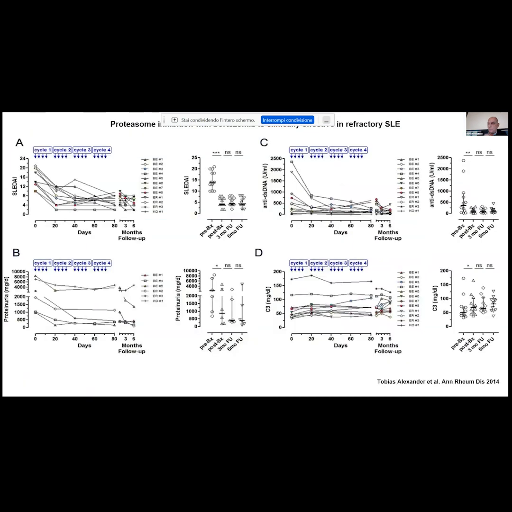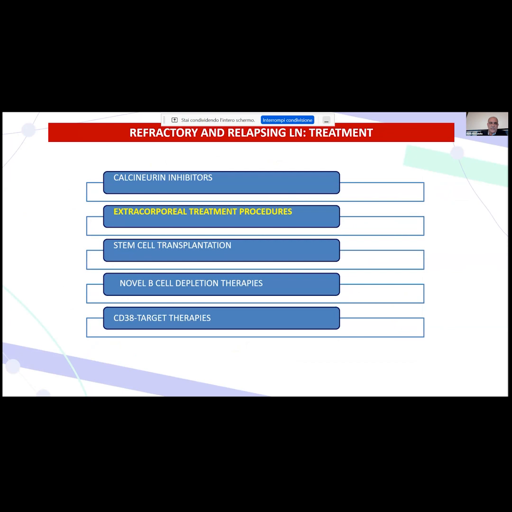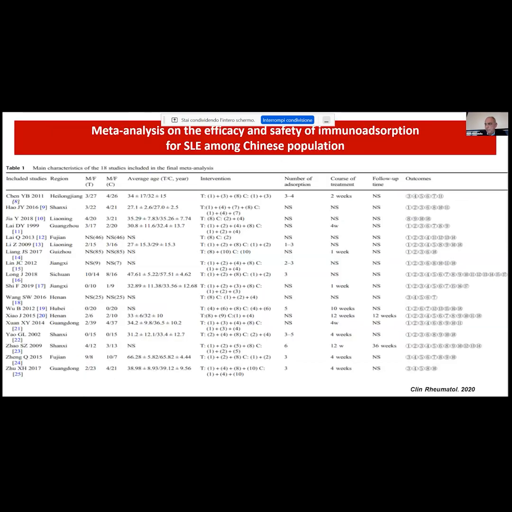Proteasome inhibitors were used in initial studies, showing a good response in terms of immunological and clinical parameters, and this experience was confirmed more recently in a small cohort of patients. Another approach is the extracorporeal treatment procedures, plasma exchange and immunoadsorption, with immunoadsorption replaced by plasma exchange in many countries.